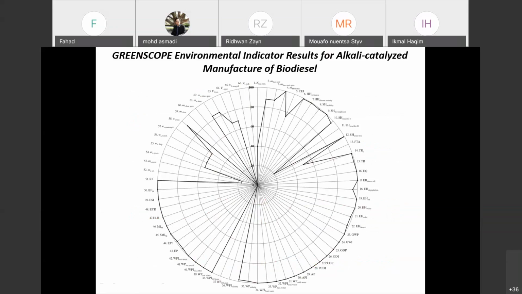So this is an example of GREENSCOPE for the alkali catalyst manufacture of biodiesel. I took this from the main textbook. Actually, you can create this using a ChemCAD simulation result. If you look here, most indicators approach unity, so all are 100, except for the hazard indicator.